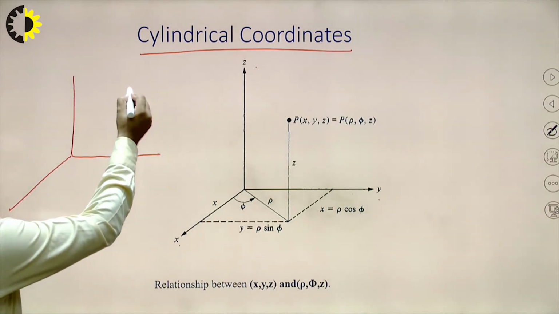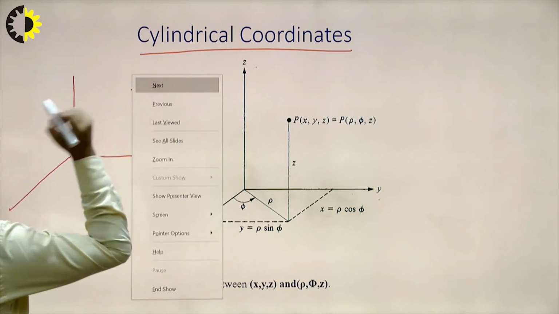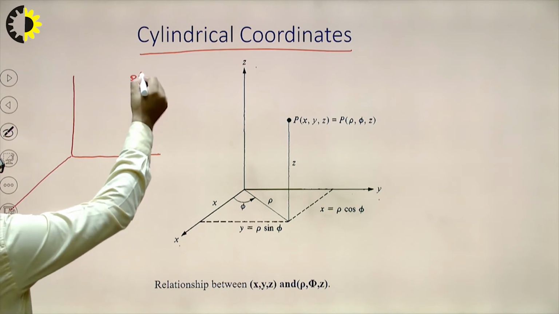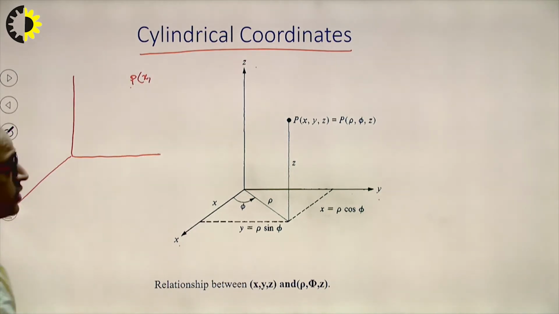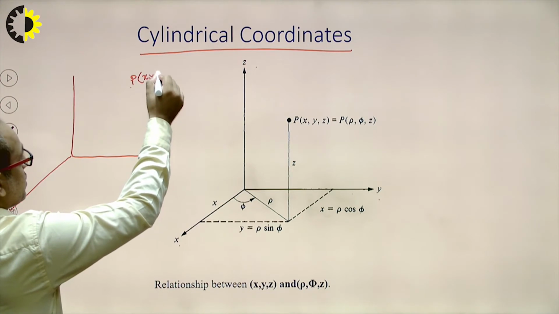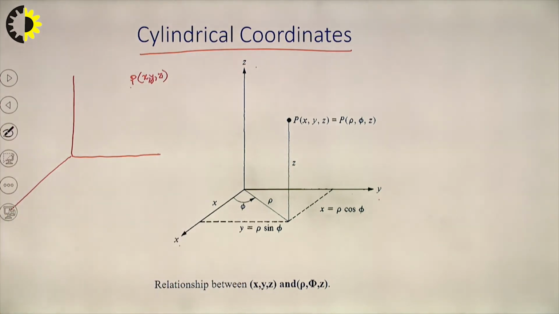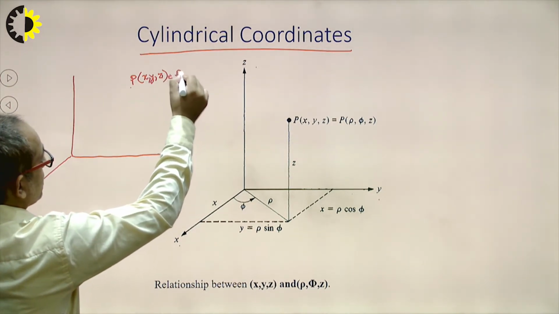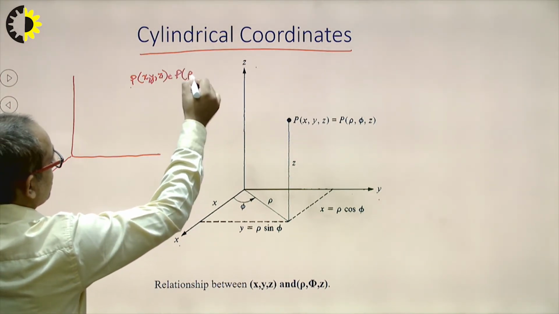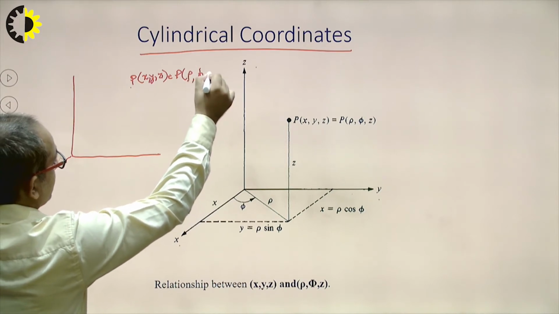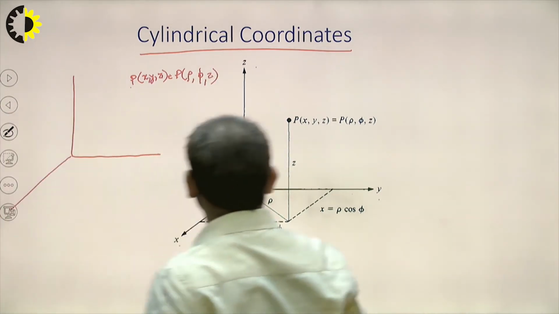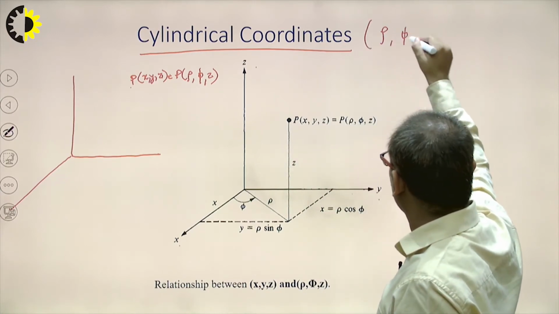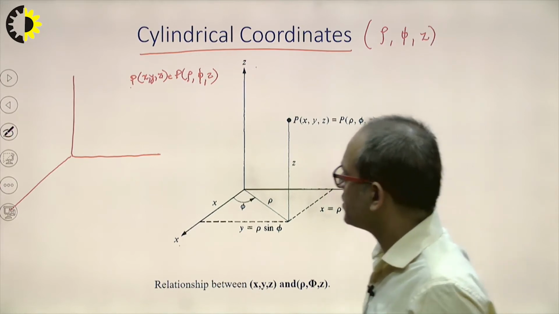Let's say this is point P, which is in the rectangular coordinate system. This point P is represented by x, y, z, and in the cylindrical coordinate system this point P is represented by coordinates rho, phi and z. So these are the cylindrical coordinates, meaning this coordinate system is represented by rho, phi and z.